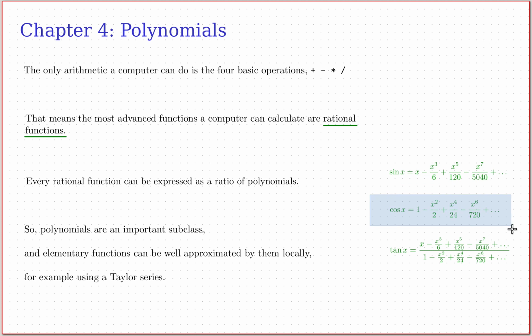The cosine function can be expressed as a Taylor series. That means that the tangent function can be expressed as a rational function, right? The sine series over the cosine series. There is also, of course, a power series for tangent, but it's not valid in the whole plane. It's only valid in a restricted domain because tangent blows up at some places.